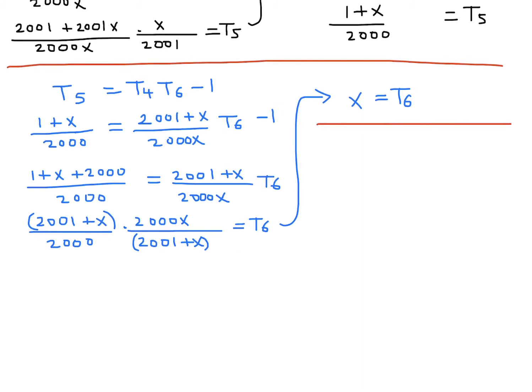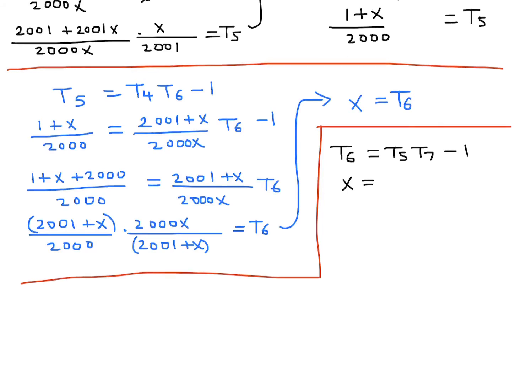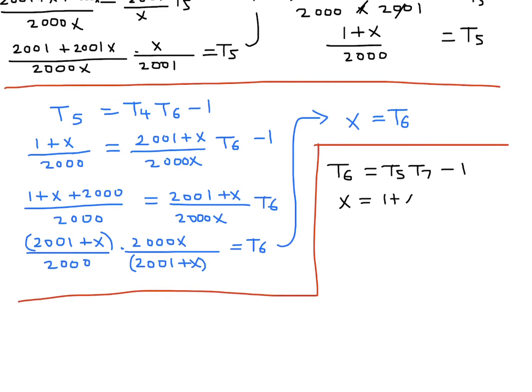One more, T7. I know this is torture, but it's okay. So we're trying to find T7, right? So T6 is equal to T5 times T7 minus 1. X, T5 was, what was T5? 1 plus x over 2000, T7 minus 1.